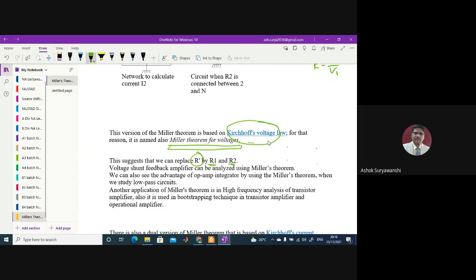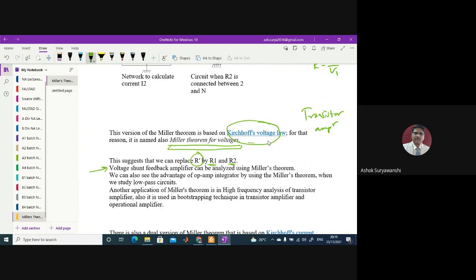If you look at the applications, there are many, but one very familiar application is the voltage shunt feedback amplifier. When you study transistor amplifiers, you'll find different feedback circuits. We have four types of feedback circuit: voltage shunt negative feedback amplifier, voltage series negative feedback amplifier, current series negative feedback amplifier, and current shunt negative feedback amplifier.